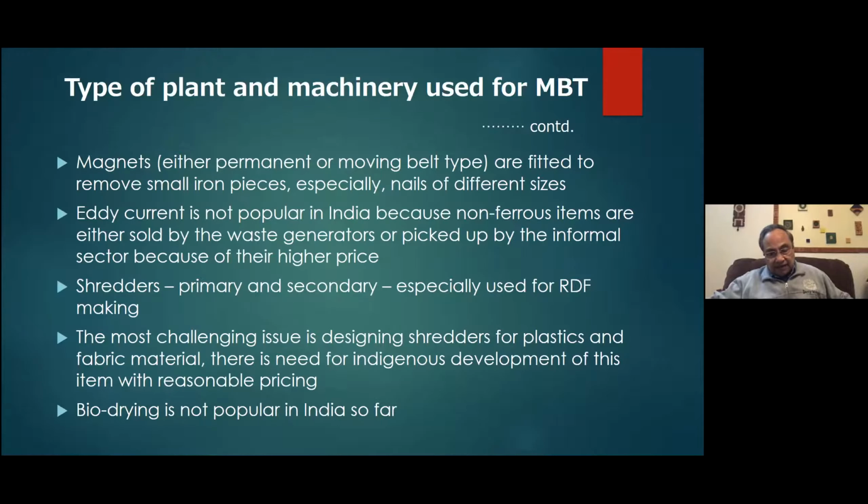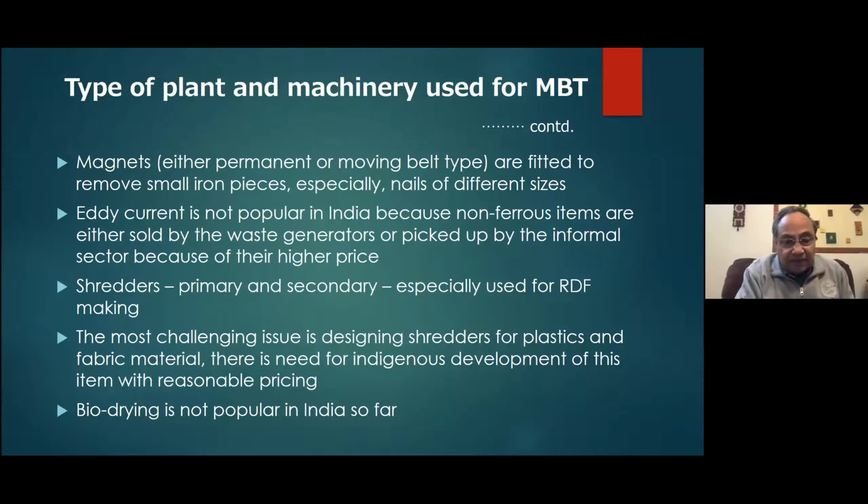In the RDF plant, of course, it has been discussed already, so I'm not going to repeat it. It's a combination of shredding, drying, and gravity separation so that the inert materials are removed and only the combustible fraction remains as RDF. Normally the cement plants are ready to pay for class 1 or grade 1 RDF, even for grade 2.